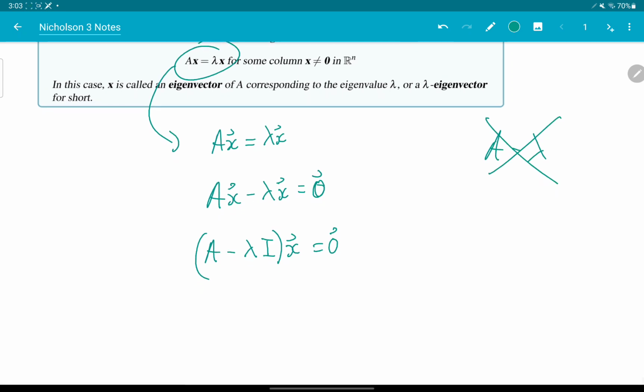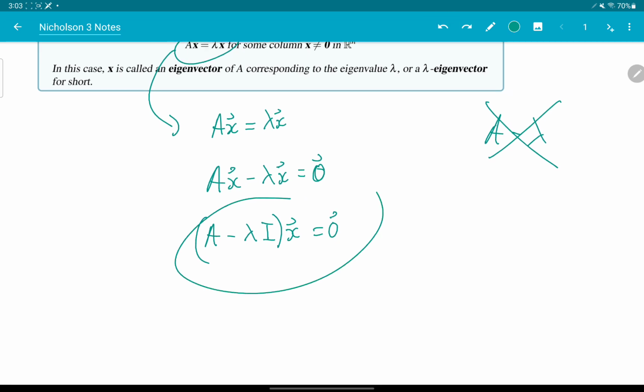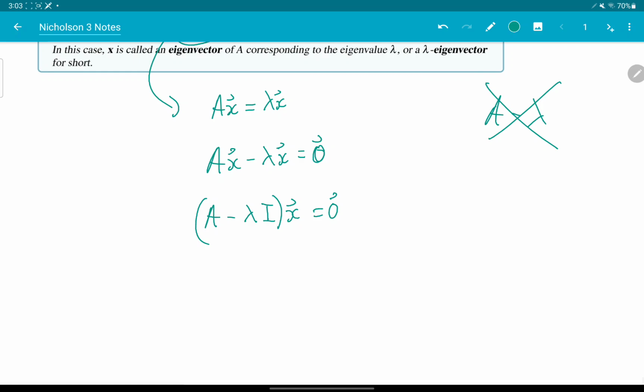Anyways, so if we're trying to solve this equation, we can think of it like this, and then say, okay, we have a matrix times x, and x is non-zero. So you have a matrix times x equal to the zero vector. So this is a homogeneous system.